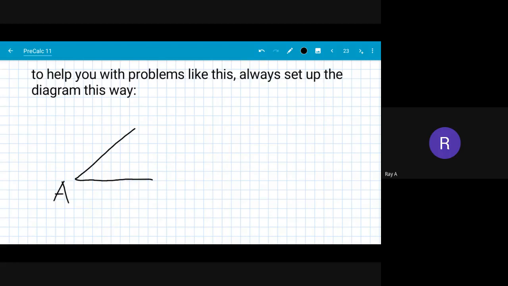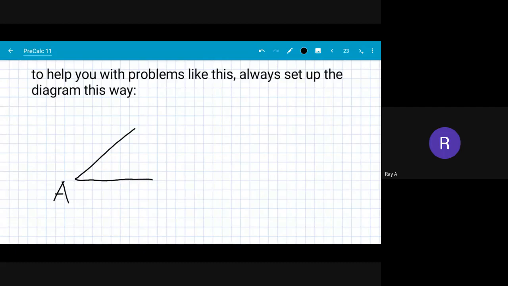So let's call it angle A. All right. Now, hopefully you remember that when you come up with a triangle and you are labeling the different vertices of the triangle, the vertices would be labeled with capital letters, okay? And the sides would be labeled with little letters or lowercase letters that would be opposite the angle, all right?